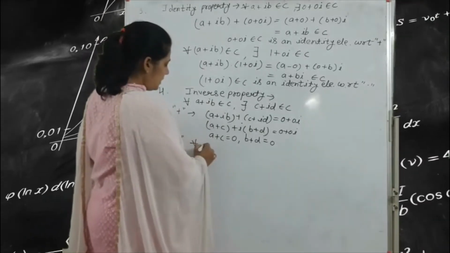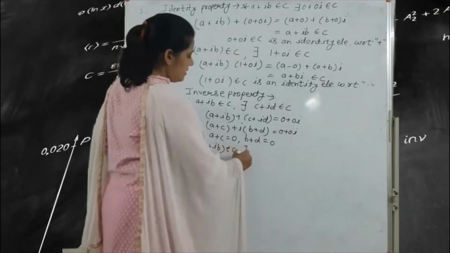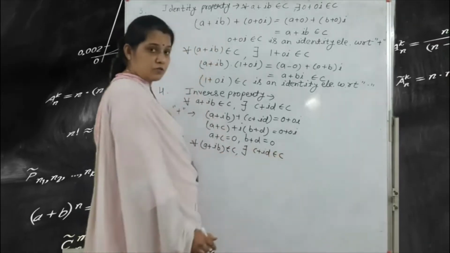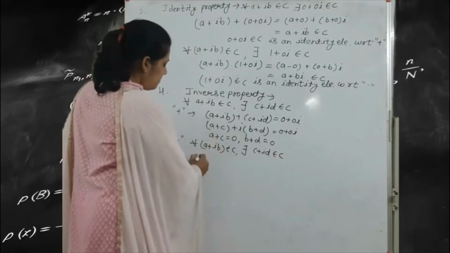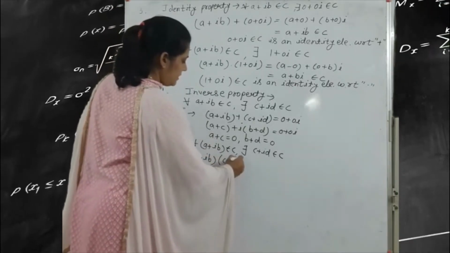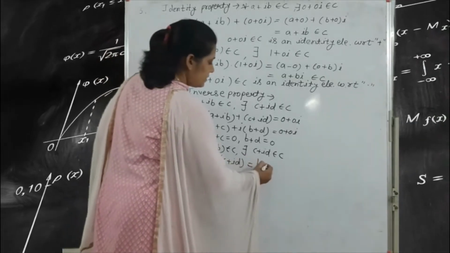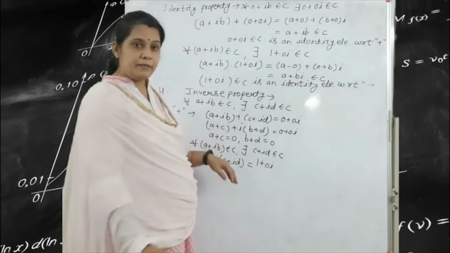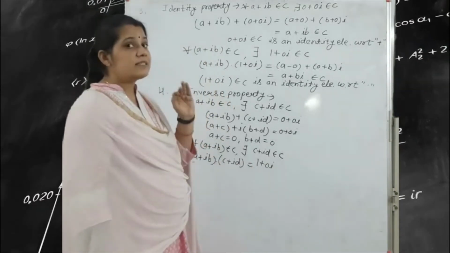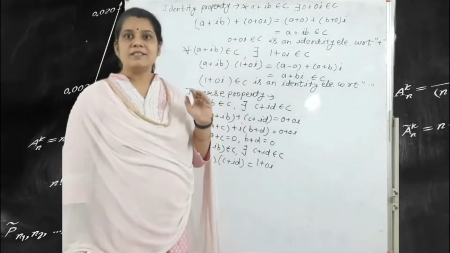For all a + ib belonging to C, there exists c + id belonging to C, then (a + ib)(c + id) is equal to 1 + 0i, because according to multiplication our identity element is 1 + 0i, and according to addition our identity element is 0 + 0i.